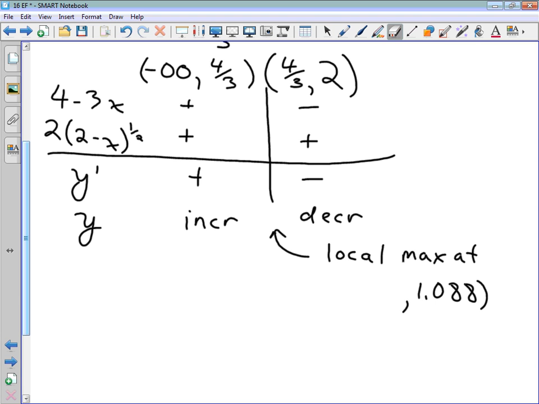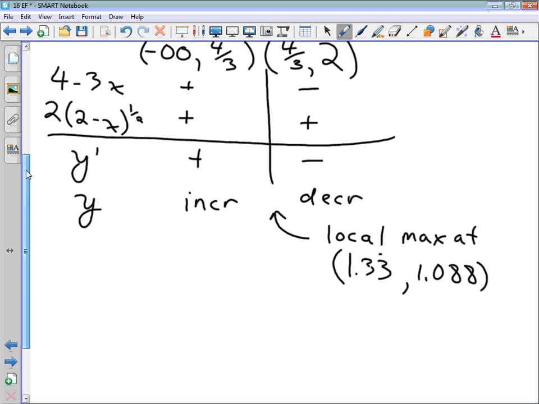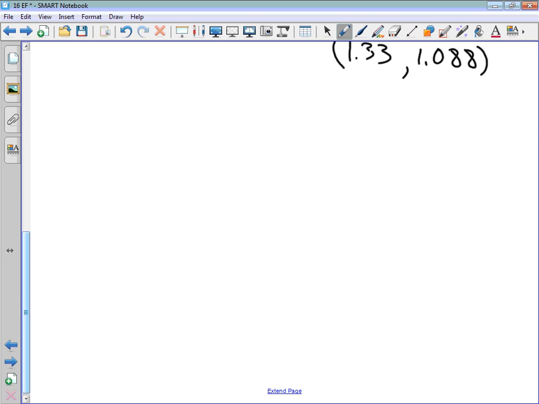So I'll take the 4/3 and I'll say that this is really 1.33, and the 3 repeats forever. Just because I find it easier to put the point on my graph that way, rather than trying to visualize where 4/3 falls. Okay. All right, so we got one local max. Next up, concavity, points of inflection.